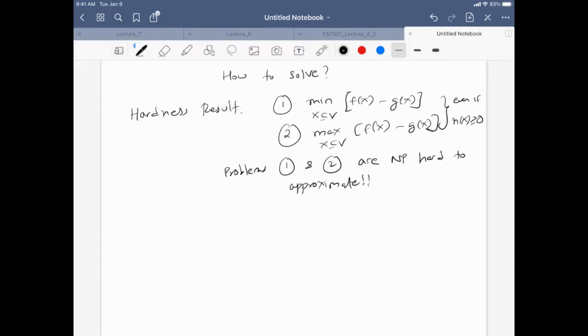Not just that, what you can show is, in fact, any set function can be expressed as a difference of submodular functions.